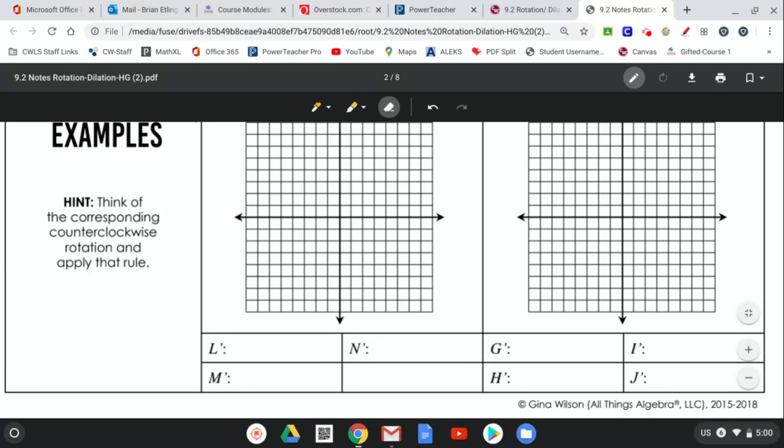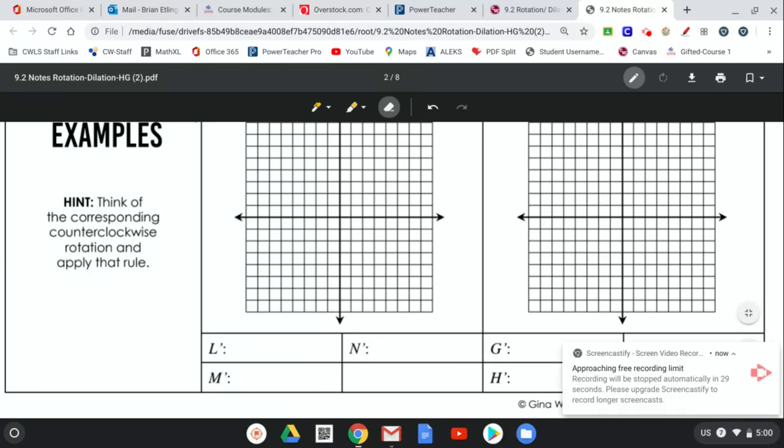But for L, first of all, our rule for 270 degrees counterclockwise is x comma y goes to y comma -x, okay? So our coordinates are, and it looks like we're going to run out of time, so we'll just finish this one up on the next video, guys.